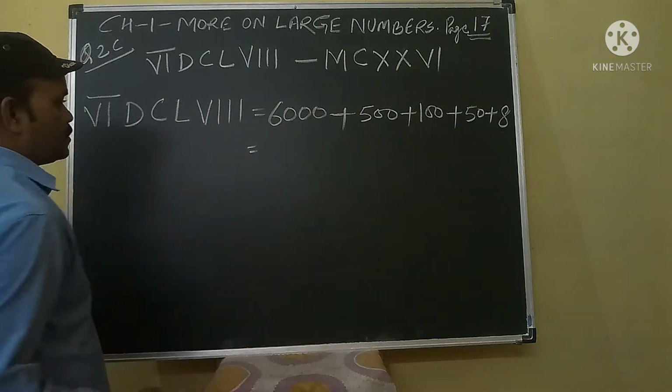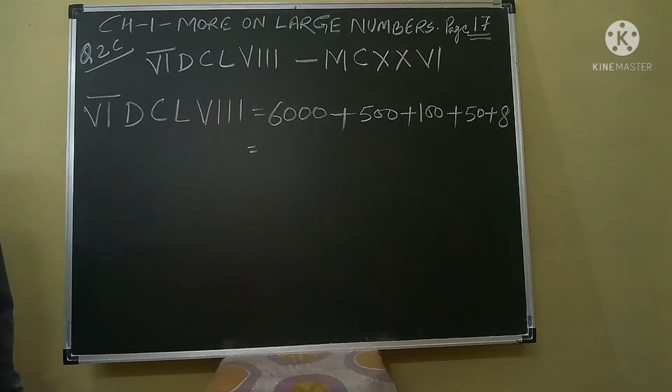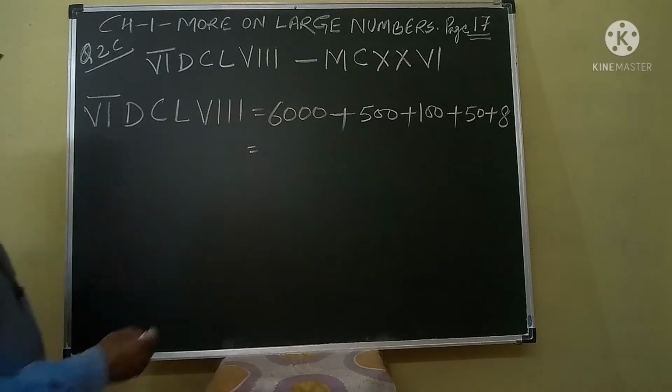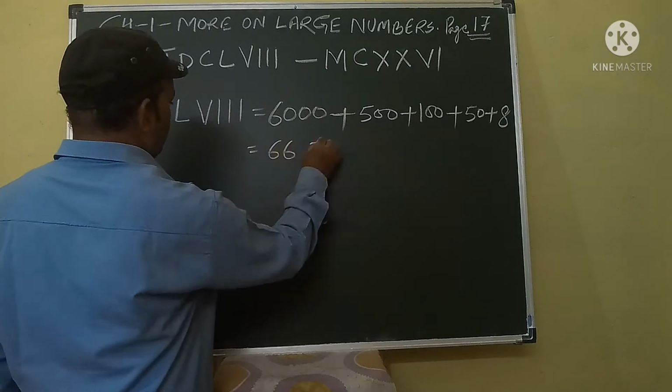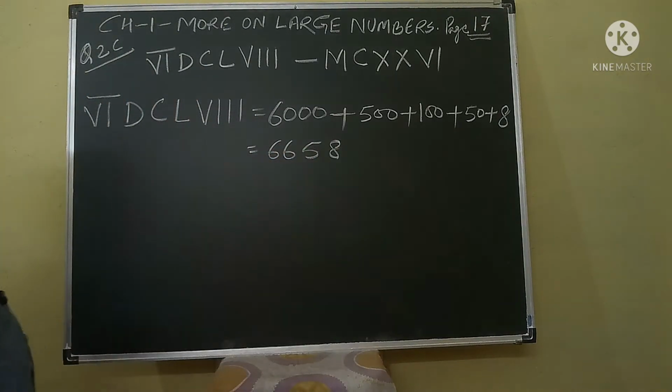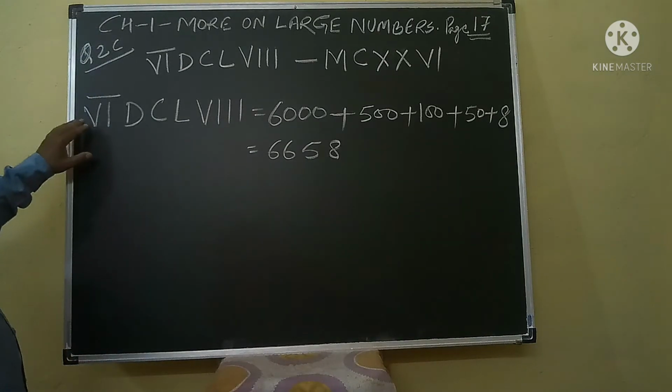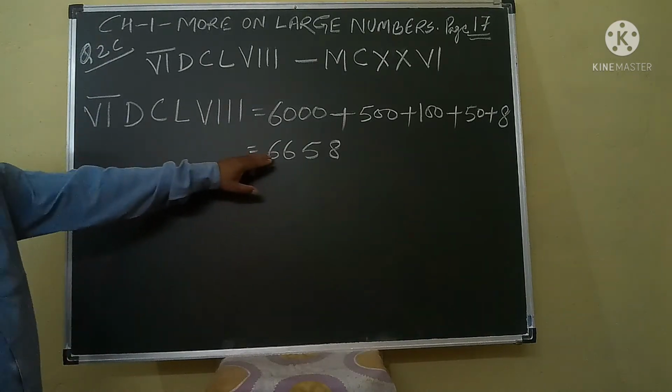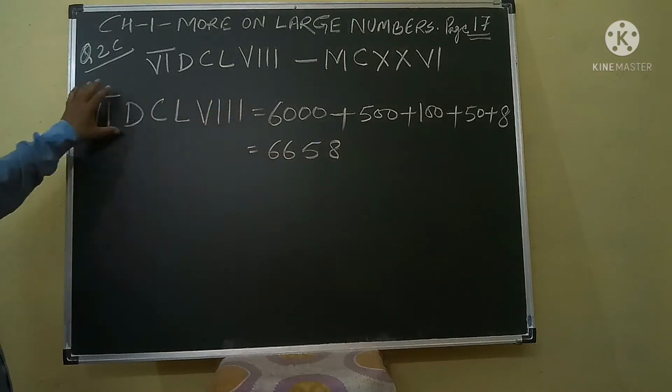So after adding, you will get 6658. 6658 is the natural number for this symbol.